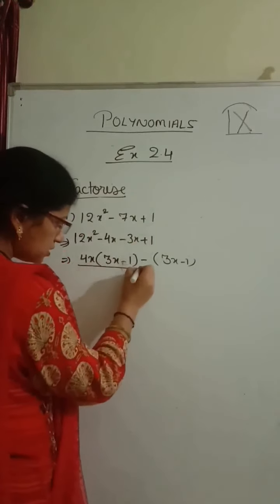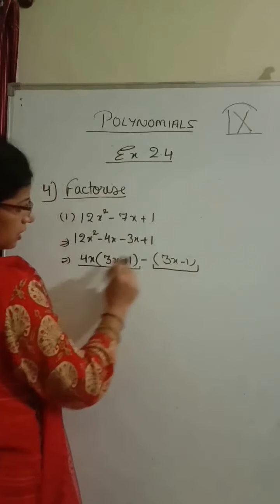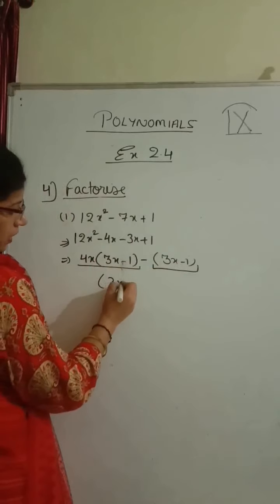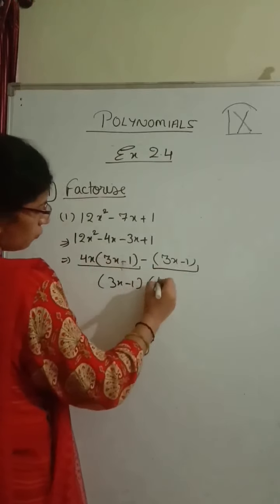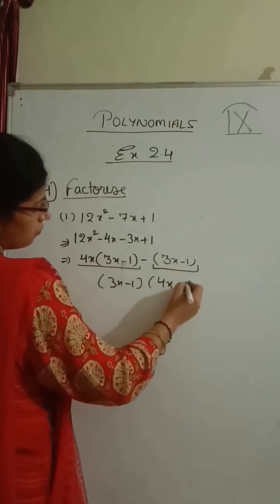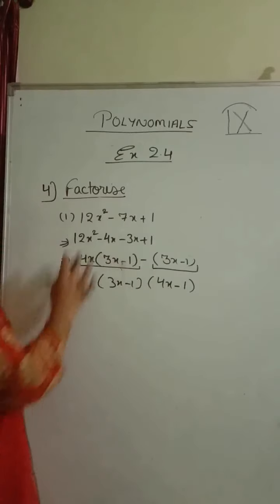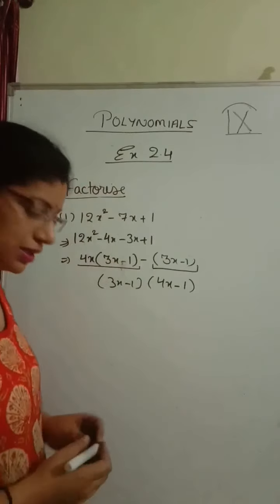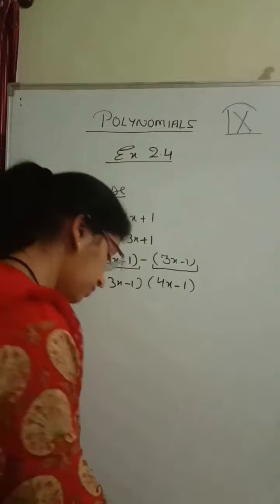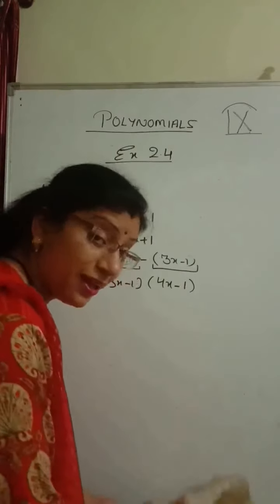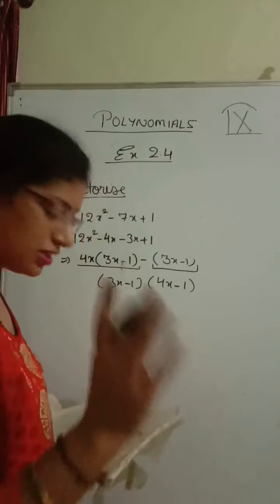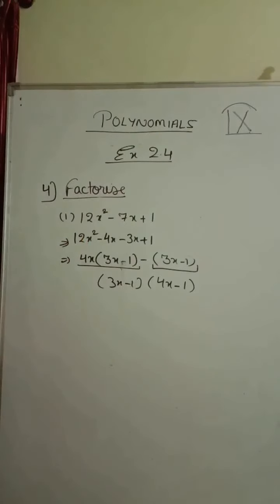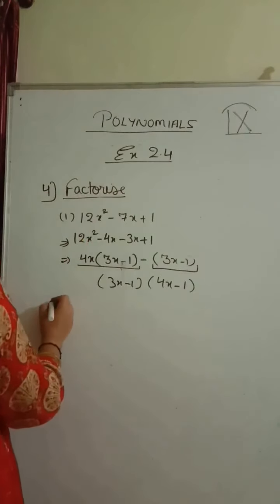One term is this, one term is this. 3x minus 1 again is common. Then here this is 4x minus, यहाँ क्या बचा? 1. So this is your factorization. Okay. This is your splitting method. One more part we will do from this, and then rest two parts you will do yourself. There are 4 parts in this. Okay. Let us do one more part.